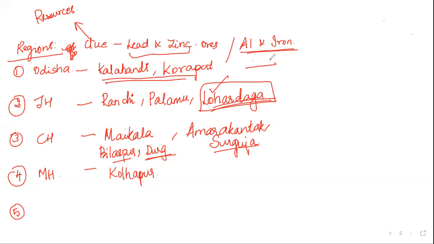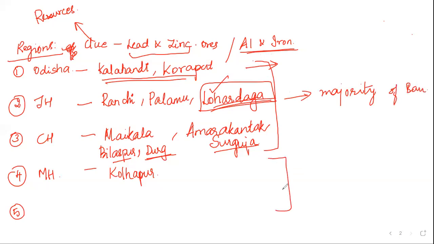Odisha, at least these three, account for the majority of bauxite. The others, like Maharashtra, account for only 10% of the bauxite mined in India. So the major regions are again Odisha, Jharkhand, and Chhattisgarh.